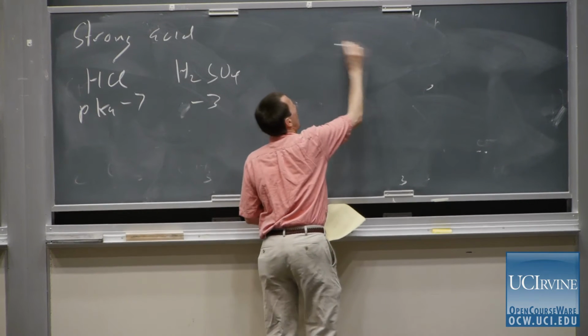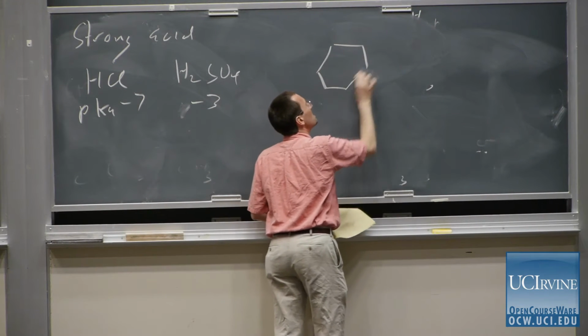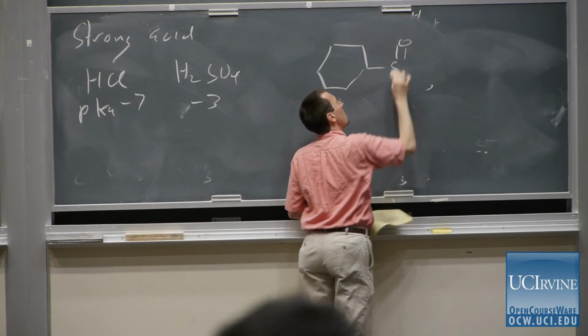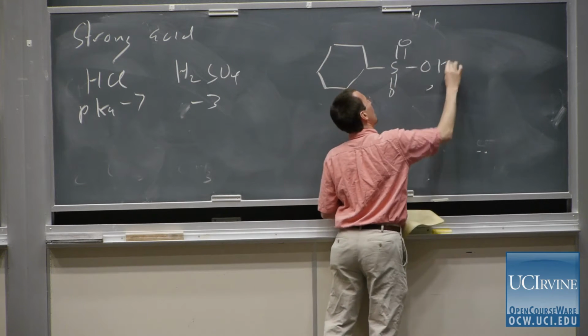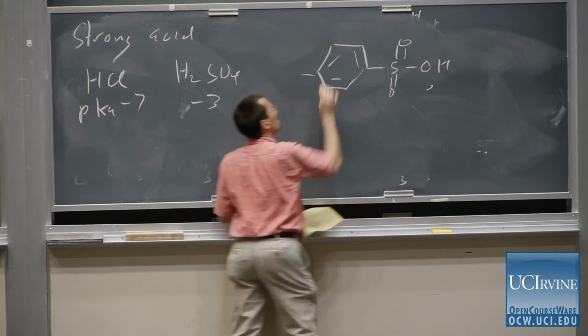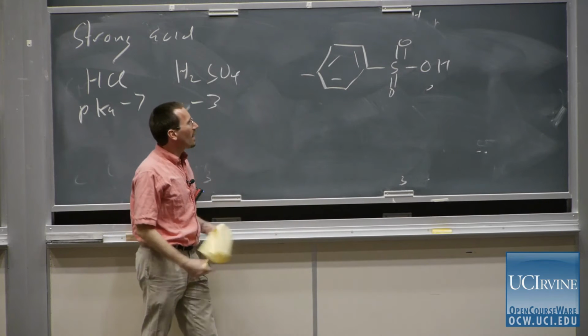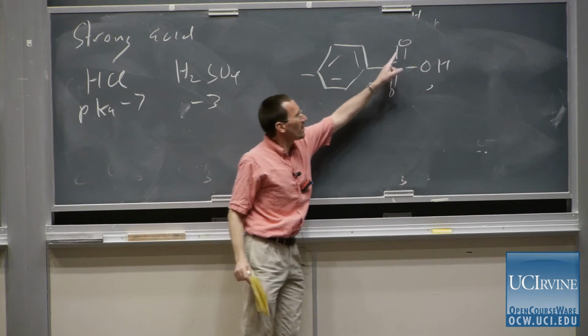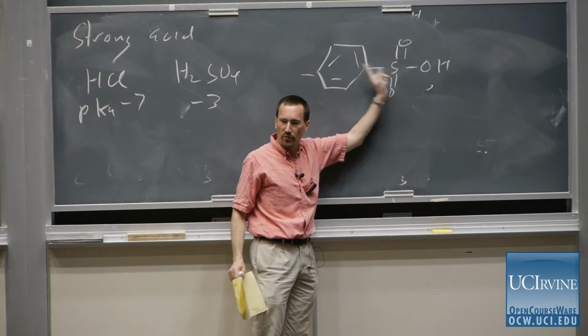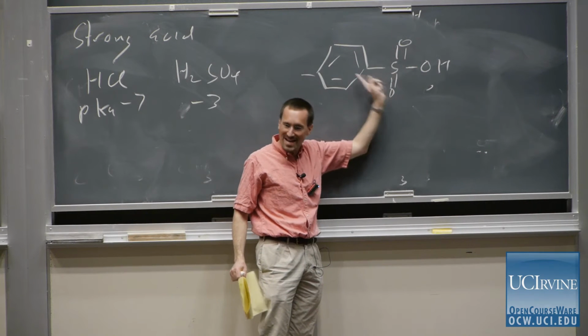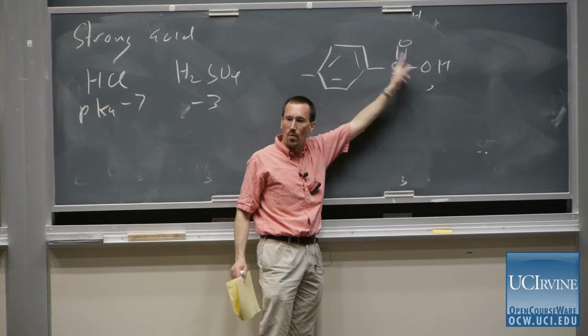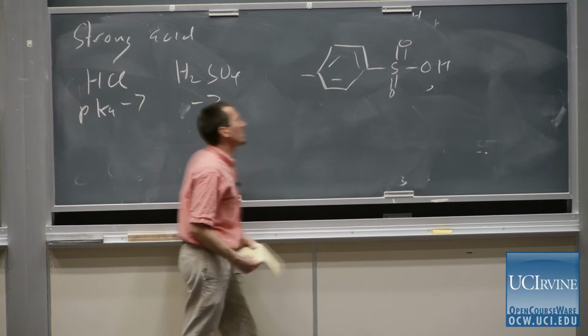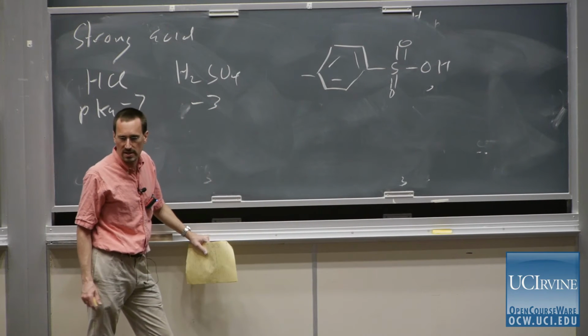So another popular acid that organic chemists like to use is paratoluene sulfonic acid. Paratoluene sulfonic acid looks a lot like sulfuric acid, right? Sulfuric acid is H2SO4, HOSOOH, and paratoluene sulfonic acid just has a benzene.